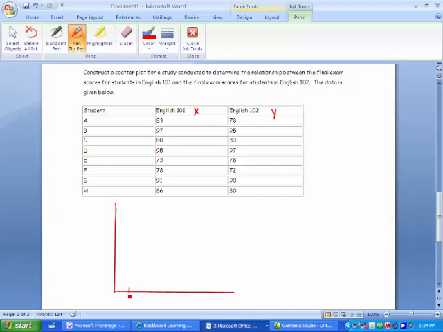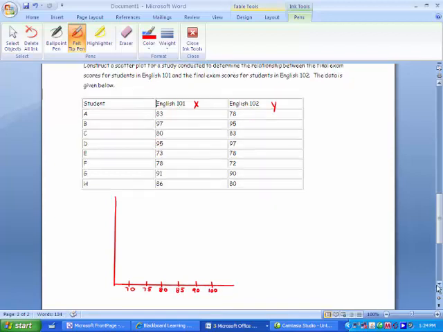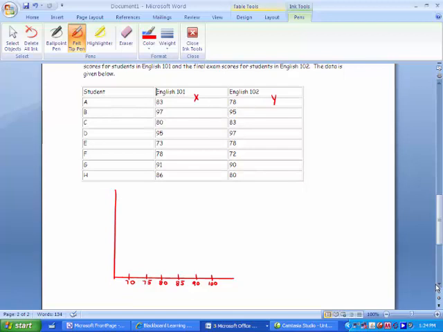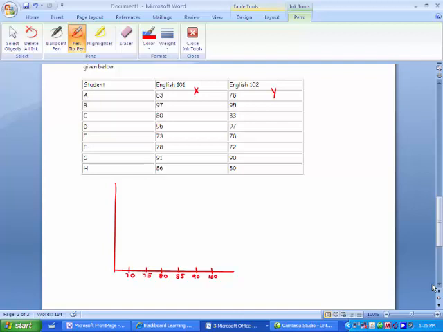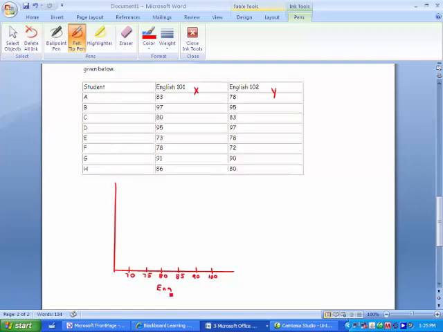And so one way to mark off the scores might be to count by fives, starting at 70 and going to 100. And I'm going to put a label. I'm going to say that these are the English 101 scores.